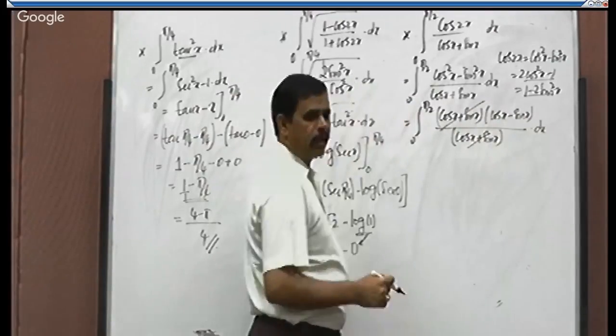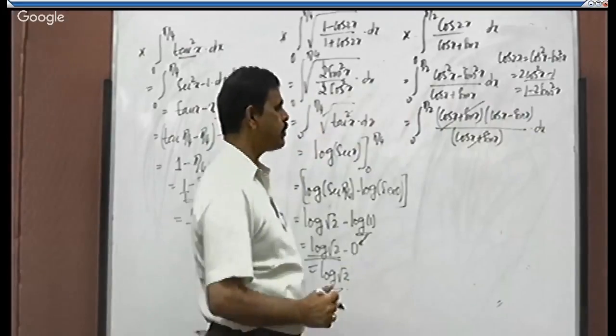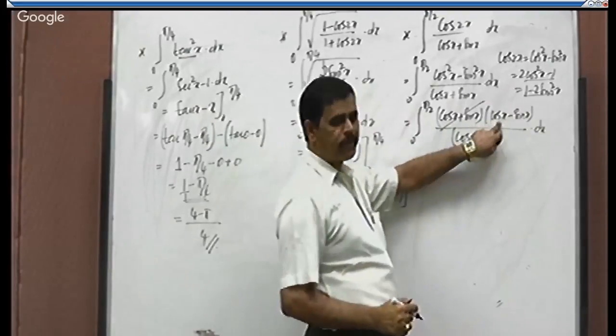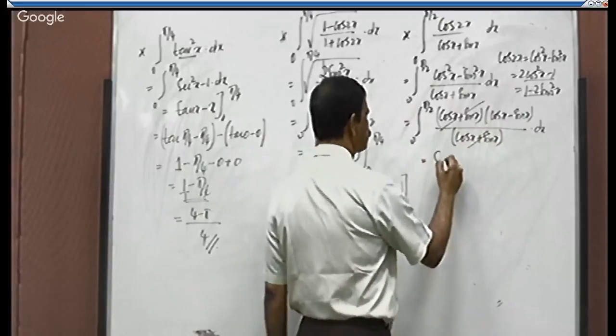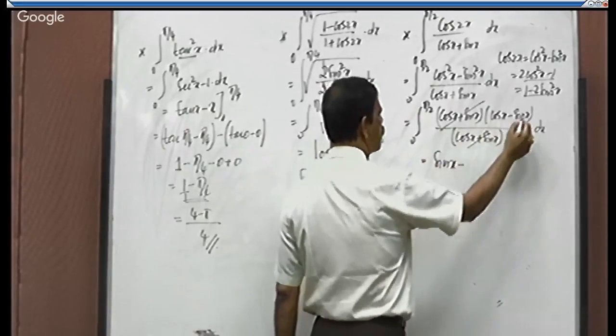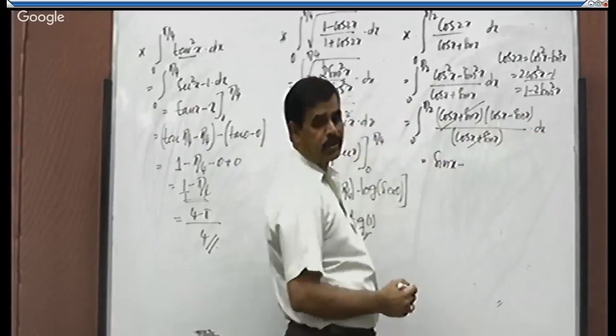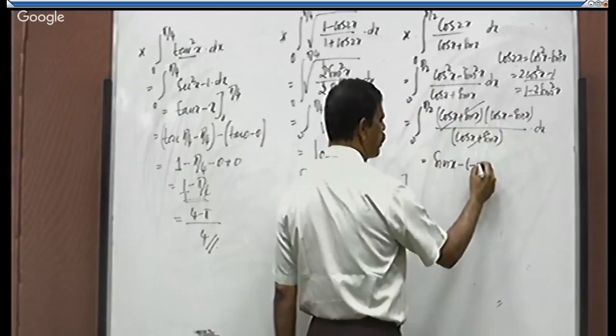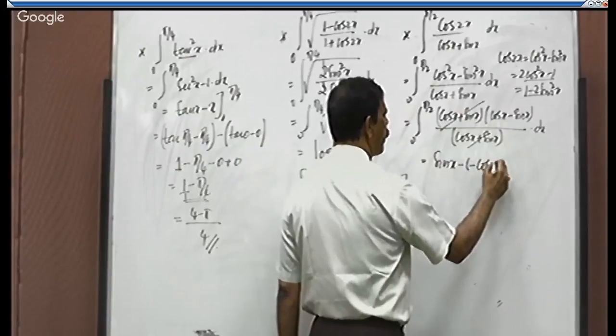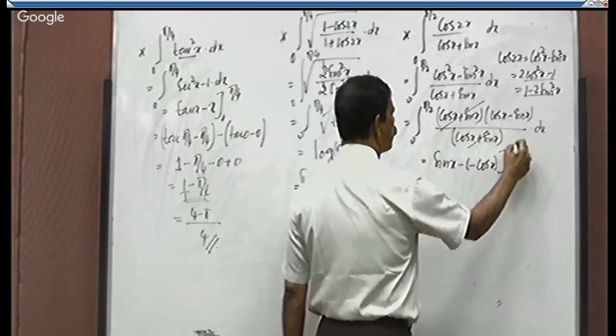For the remaining terms, you just integrate. What is integration of cos x? It is sin x minus integration of sin x, which is minus cos x. Minus of minus is plus, or otherwise you can take separately. Then apply the limit 0 to pi by 2.